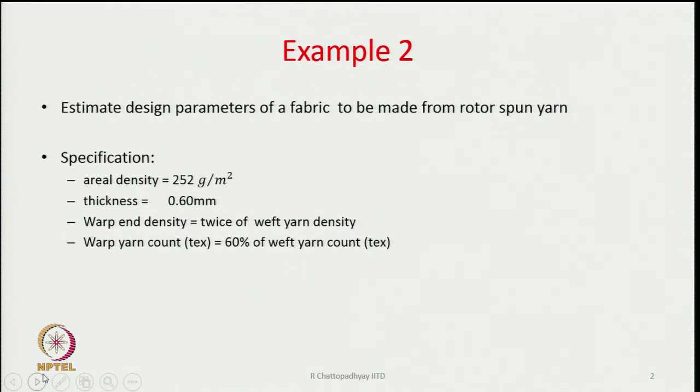So, this is the specification given, and let us say you are asked to estimate the various design parameters, so that the person, the weaver, can produce the fabric. So, how to go about it now?